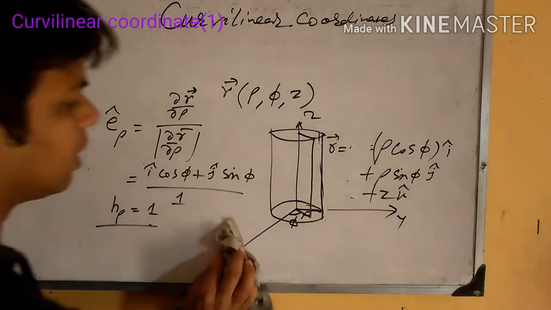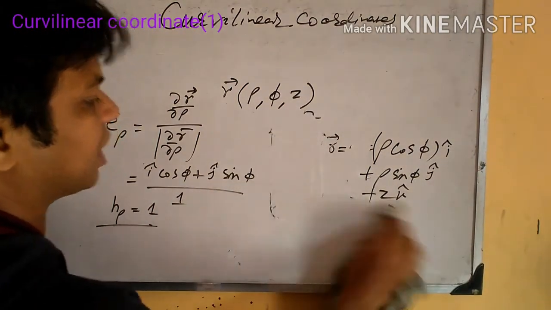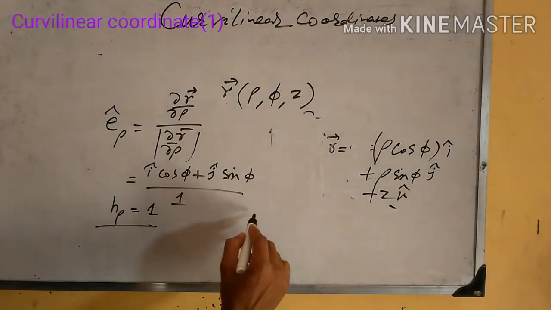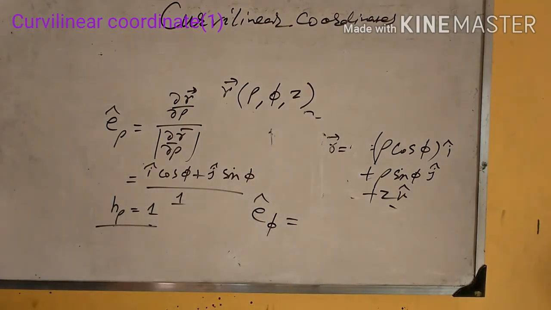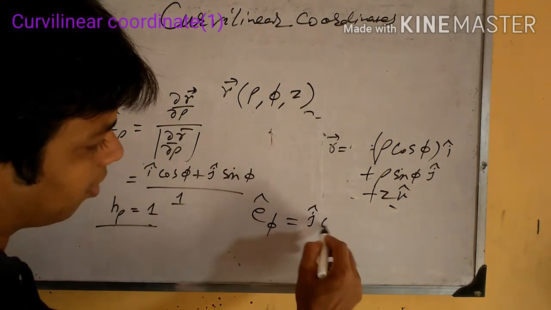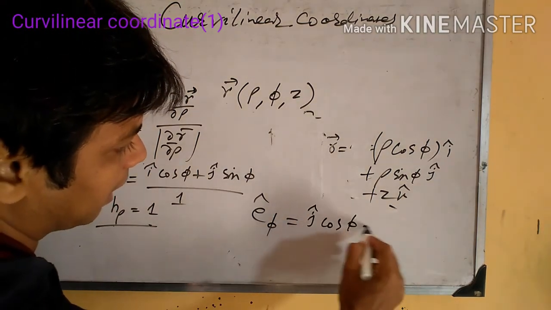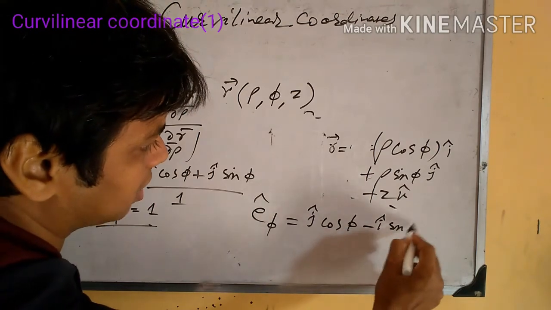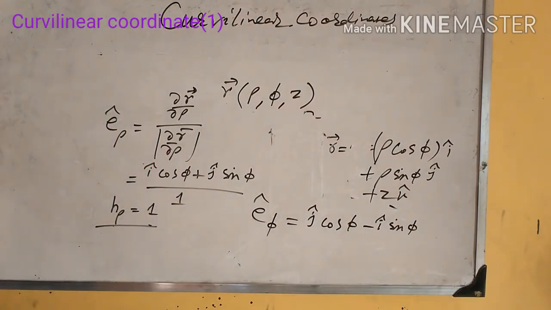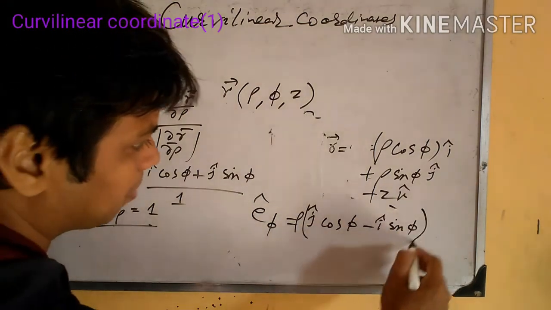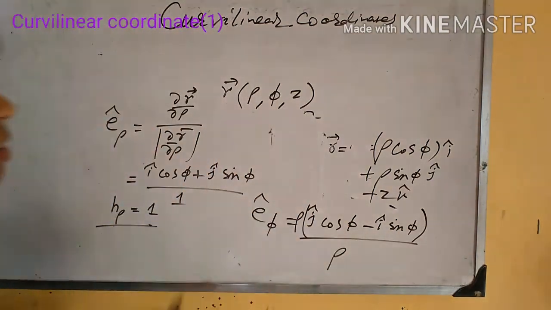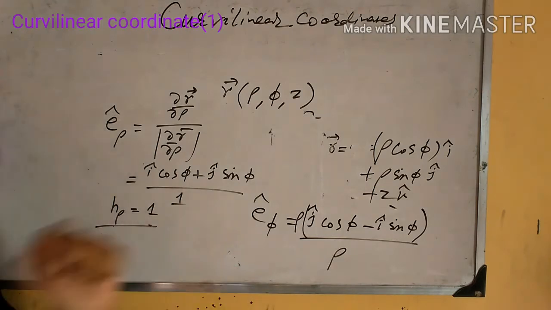Similarly, you can find E phi and Ez. E phi hat will be j hat cos phi minus i hat sin phi. Here rho is multiplied, and h phi is also rho.